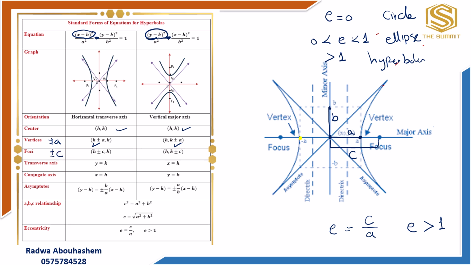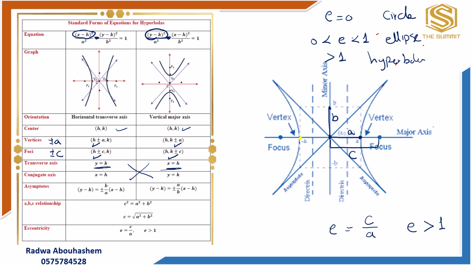If it's horizontal, you add it to the h, and if it's vertical, you add it to the k. The transverse axis would be, if it's horizontal, y equals k, and if it's vertical, x equals h. For the conjugate axis, you switch, just like ellipses, major and minor, the same rule.